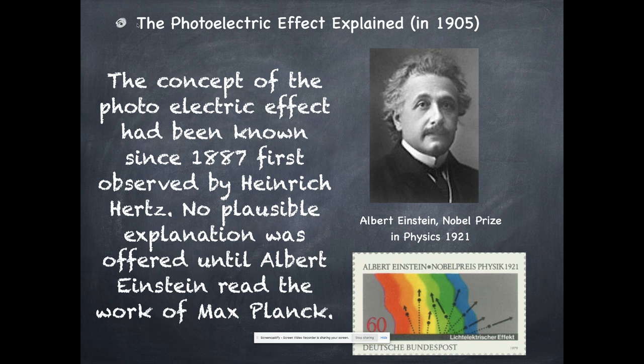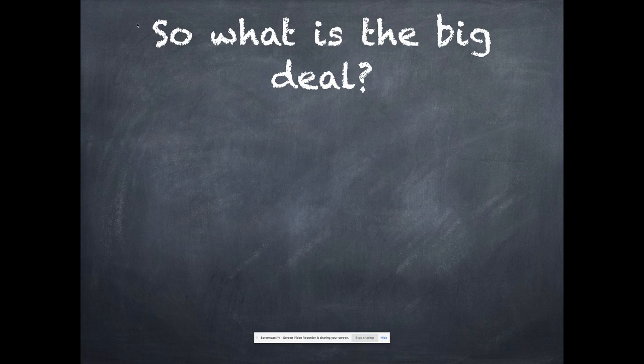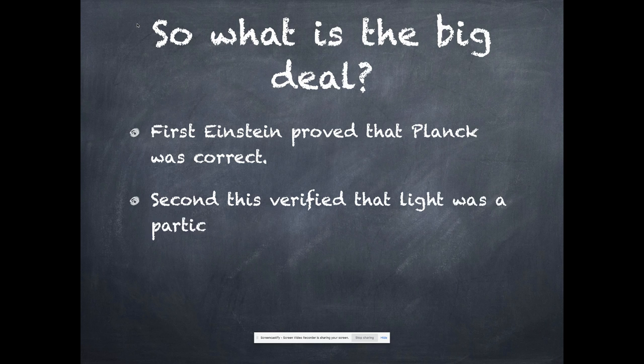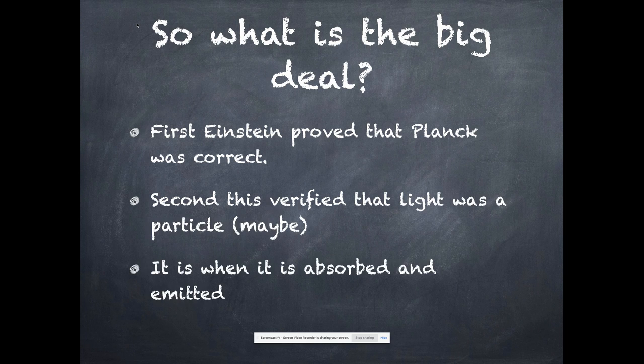So this is actually the material that Einstein was awarded the Nobel Prize for in 1921, not for relativity. So Einstein proved Planck was correct and verified that light was a particle. At least it is when it is absorbed and emitted, not when it's traveling.